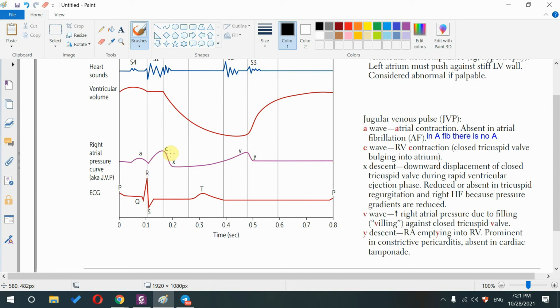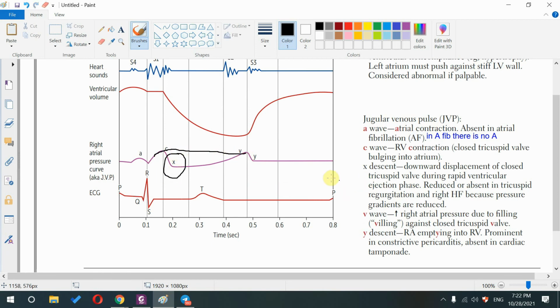So the volume inside of the right atrium will be something like this. Normally when the tricuspid valve closes, it goes down like this. But here it comes like this, and then when it's time to close, what happens? The blood from the right ventricle stays inside of the what? The right atrium. Yes, guys? So the X descent is lost.